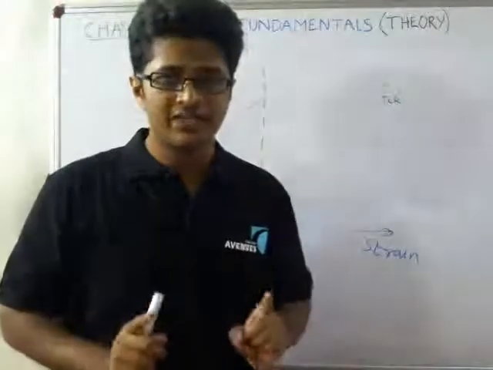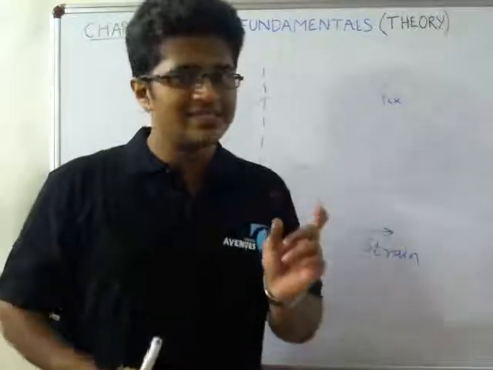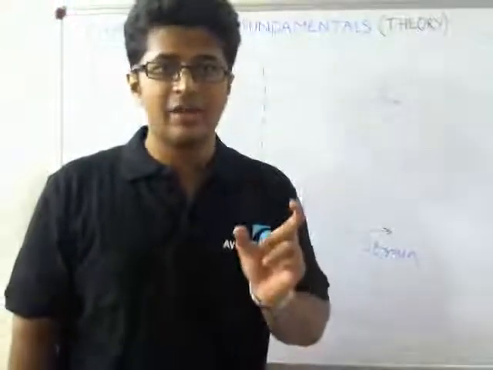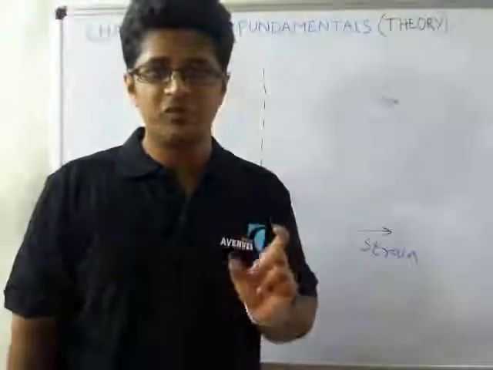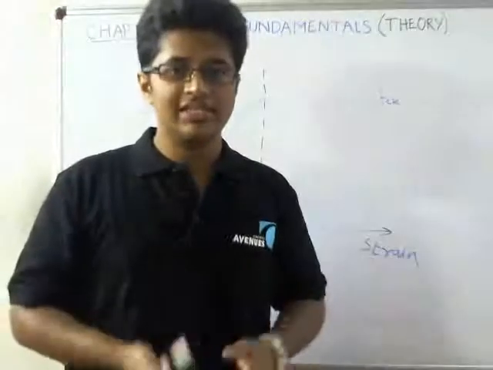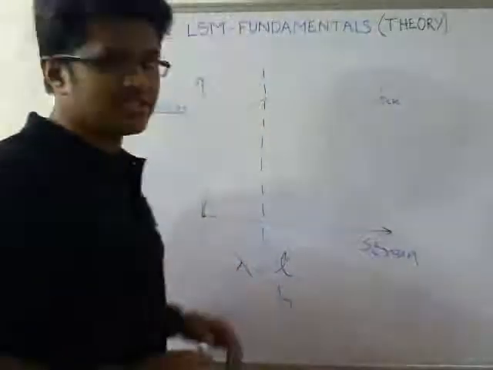The reason for this, and it is also a question of GATE, is the weak spots present within the concrete. As the number and the size of the weak spots increase, the strength reduces. Now the reduction in strength depends upon the slenderness ratio.